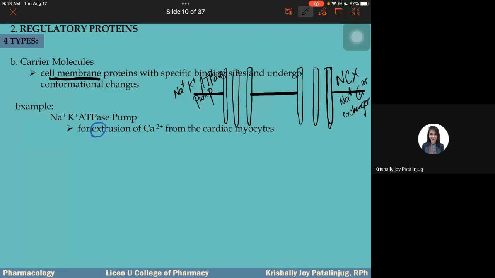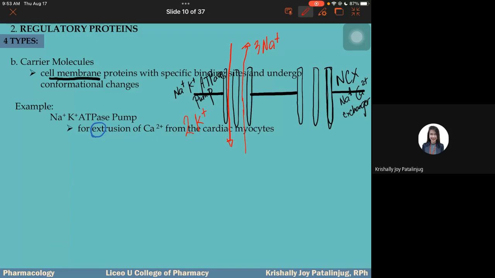So how would be the movement of the ions in the sodium potassium ATPase pump? This is what happens. For every two potassium ions that get in, three sodium ions get out.